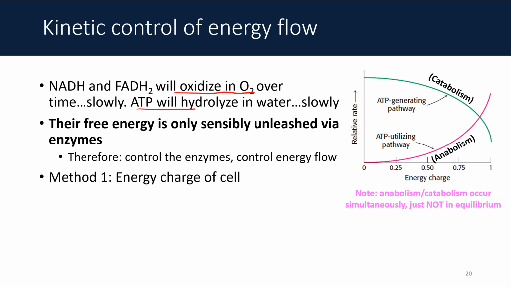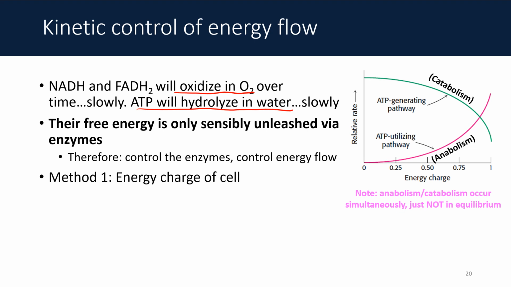ATP will hydrolyze in water slowly. The only way we can cash them in on a sensible timescale is with enzymes. And biology is smart about that. If we made and used ATP at the same rate in equilibrium, no life would occur because we would get, again, a pointless loop reaction, a futile loop.